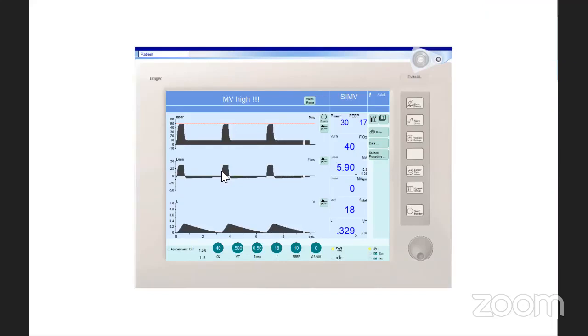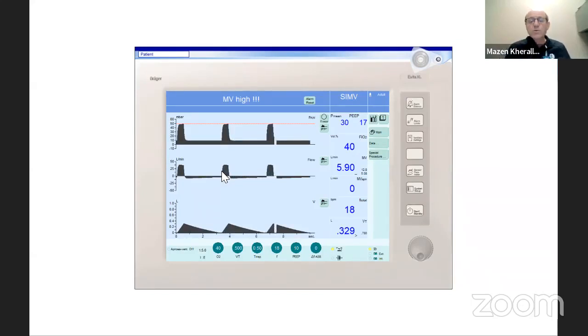Okay, can I decrease the respiratory rate? Excellent. So we have two steps in approaching auto-PEEP. The first one is I want to do the maneuvers that would decrease auto-PEEP without affecting the minute ventilation.